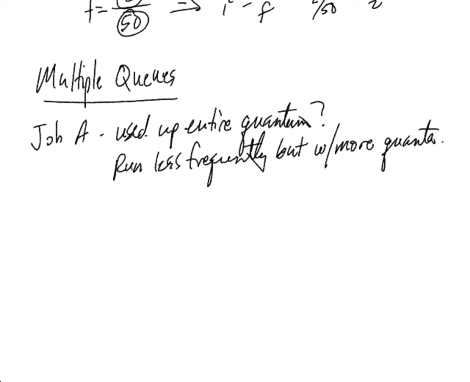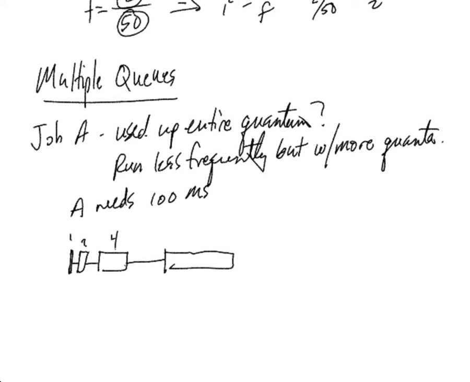For example, suppose job A needs 100 milliseconds to complete the job. So the first time it runs, it's going to be given one quantum. Then it'll wait some time, and since it used up the entire quantum, we give it 2 this time. And it uses it all up, so we wait a little bit longer, and the next time we give it 4. Wait a little bit longer, next time we give it 8, wait a little bit longer, next time we give it 16, and so on until it completes the job.